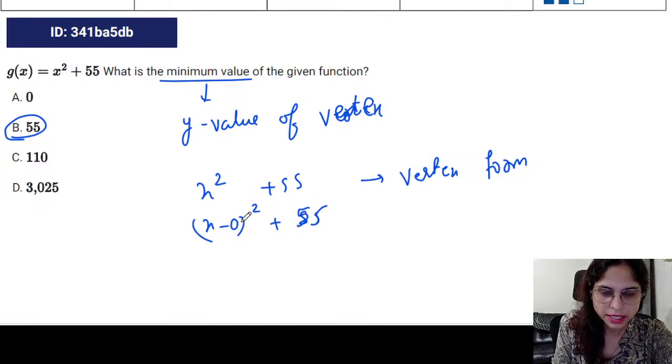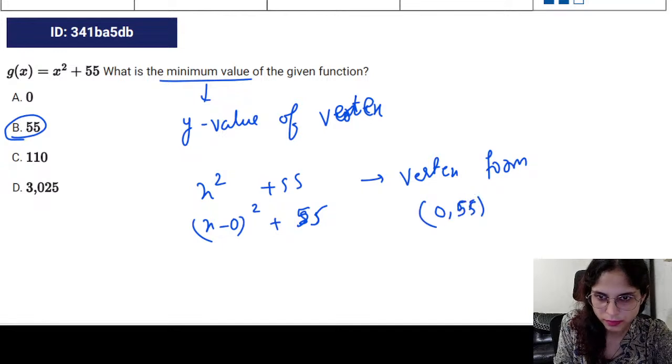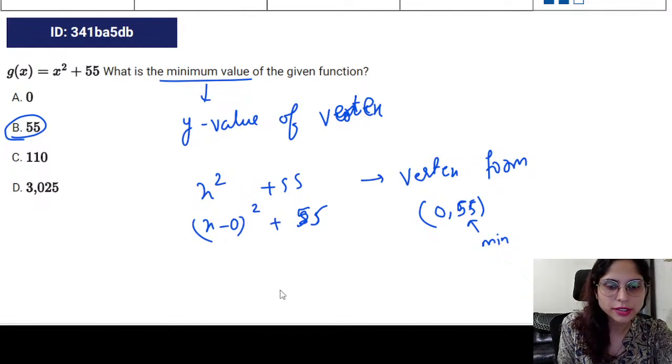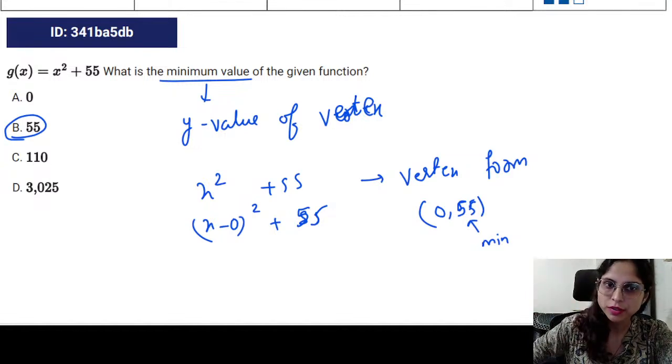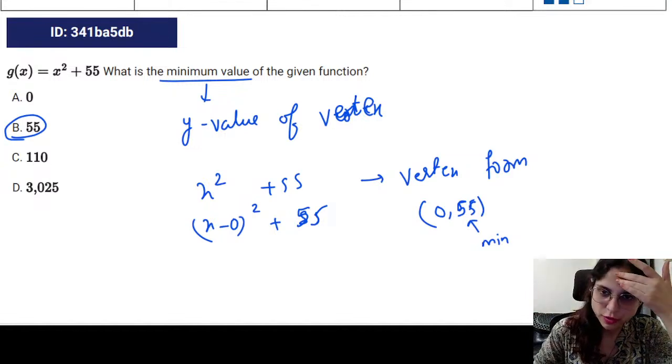Because nothing is given, that means it's x minus 0, so your vertex is 0, 55. And this is your minimum value. So that is how you can get the answer directly, that it is 55, because it is already given in vertex form. X minus 0 whole square plus 55, so 0, 55 is your vertex, 55 is the answer.